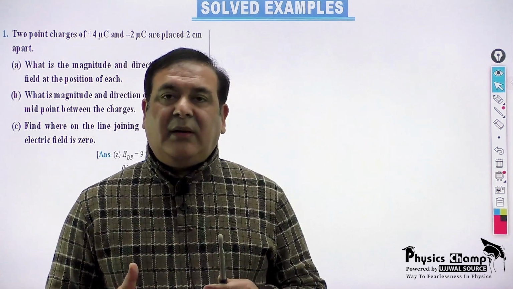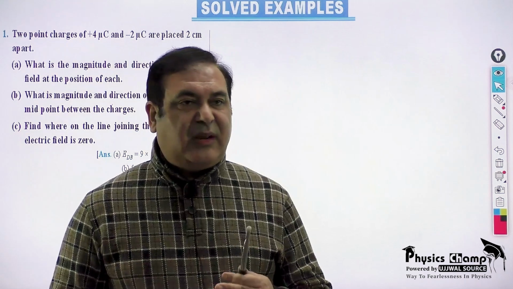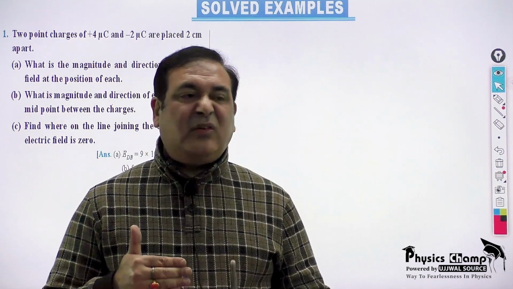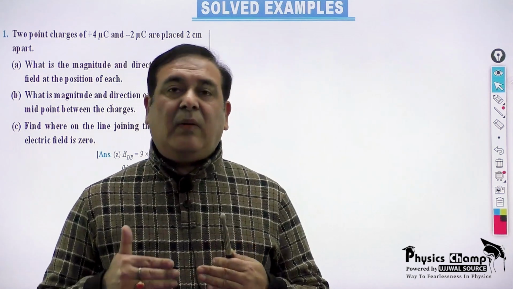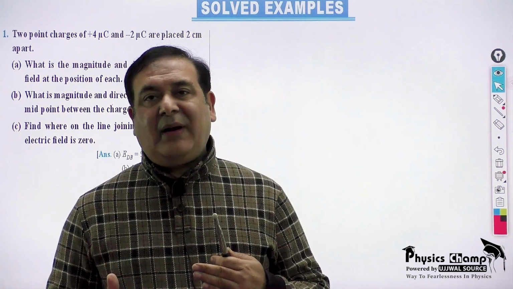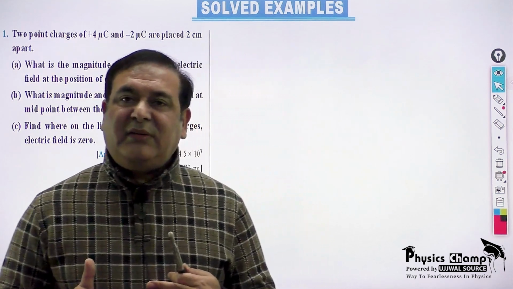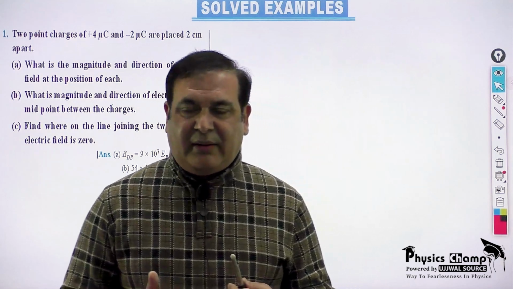But when we studied electric field, the theory part that we have just taken had an introduction of everything: the concept of electric field intensity, the superposition principle in electric field, and electric lines of force.